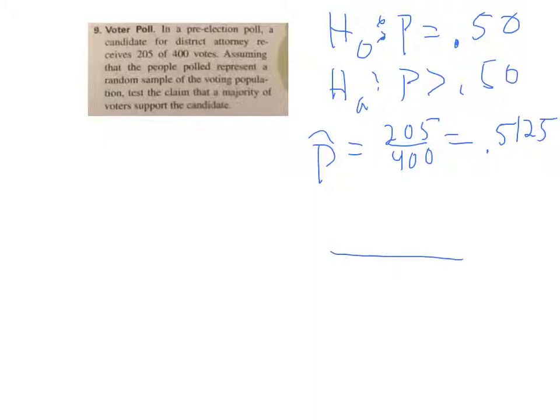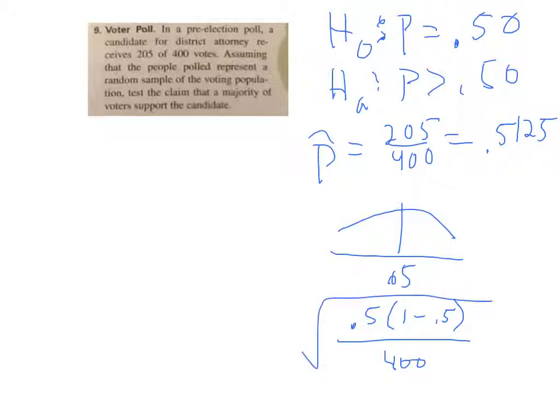Now we know that 0.5 is the center of this distribution, or we think it is. If this says that 50% of the voters support this candidate, they want to get more than 50% to win. So since the 50% is the center, we're going to use that same formula, 0.5 times 1 minus 0.5 over 400, and take the square root.